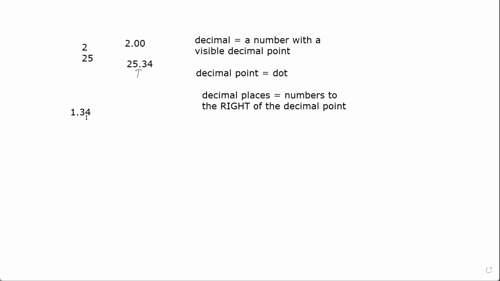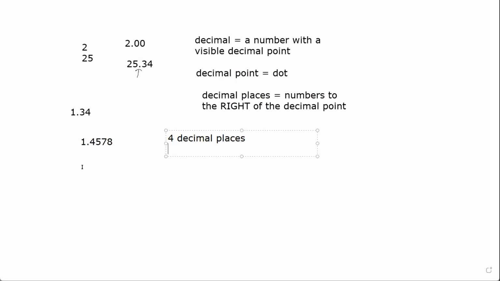So if I had a number like 1.4578, how many decimal places does that have? 4. This has 4 decimal places inside.